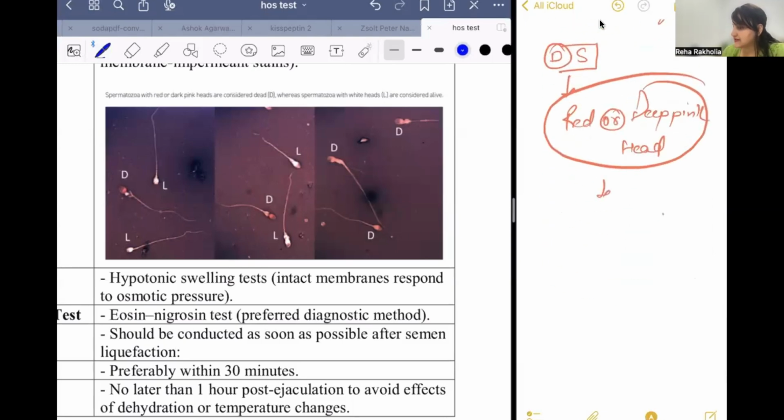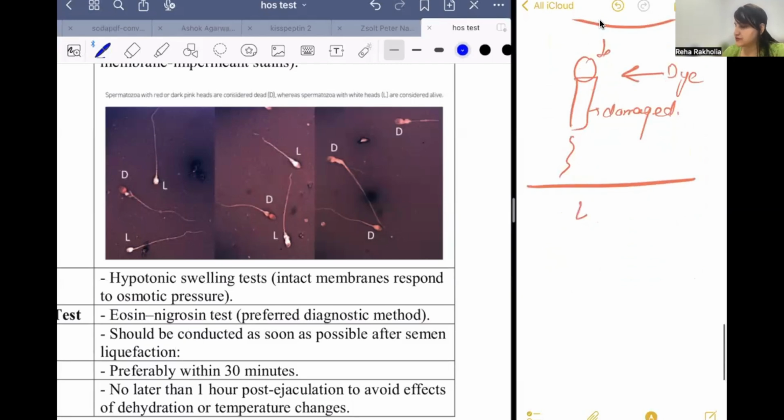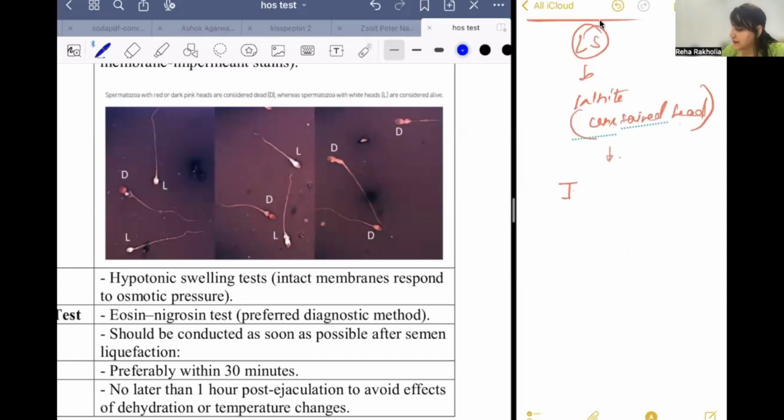Because the dye penetrates inside the sperm because their membrane is damaged, allowing the dye to stain the cell. But live sperm will be white or unstained at the head, because the sperm have an intact membrane, which blocks the dye.